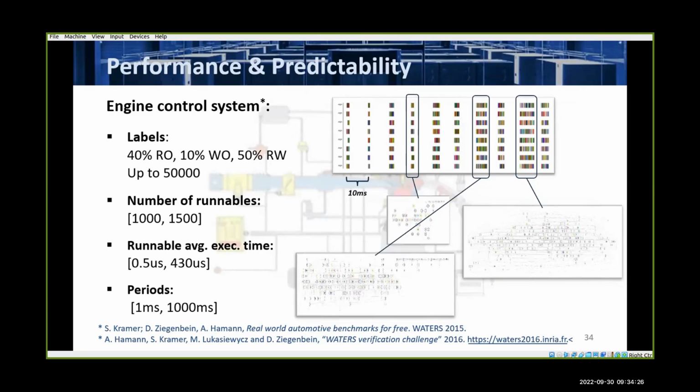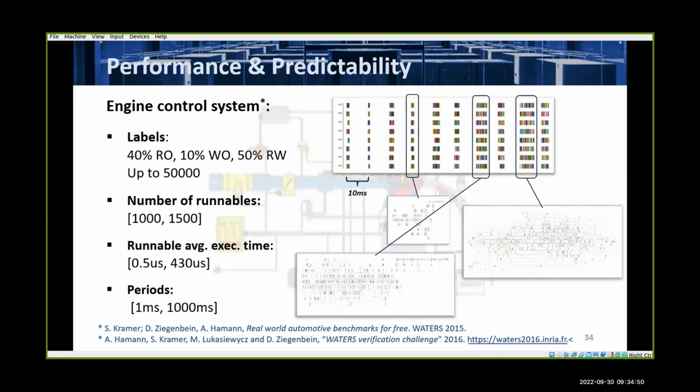So the number of labels, meaning the number of data accesses, variables accessed, can go up to 50,000. So we have a lot of variables there. The number of runnables we are handling goes between 1,000 and 1,500, which is considerable too.